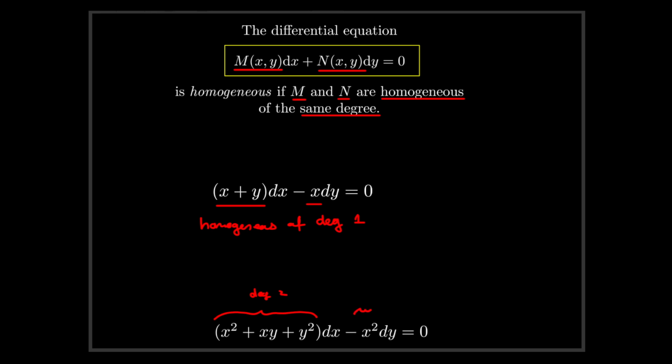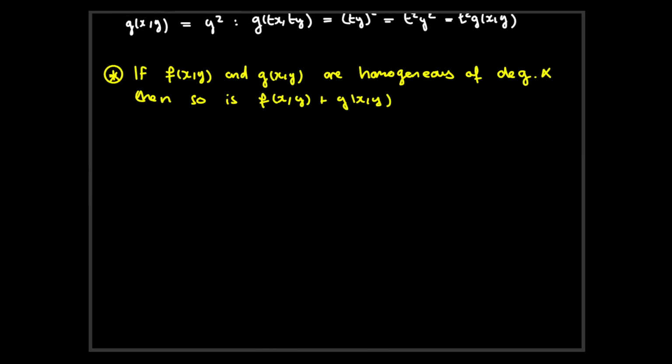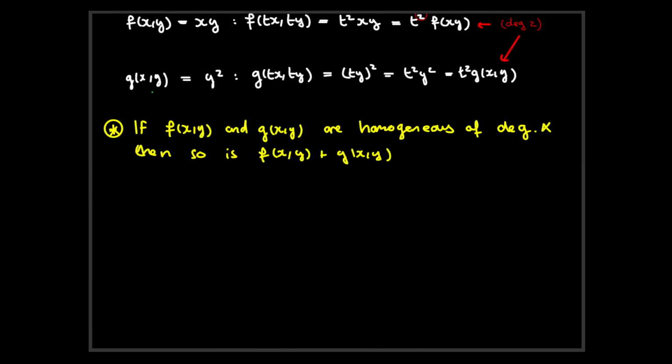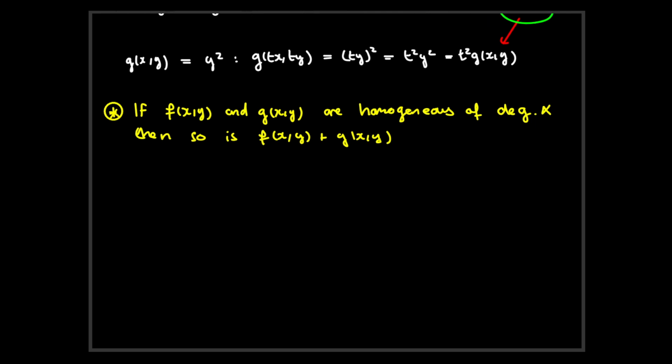And likewise, this x squared we saw earlier is homogeneous of degree 2. How could you quickly see that this expression is homogeneous of degree 2? One way is that it's a sum of homogeneous functions of degree 2. We saw on the previous page that g of xy equal to y squared and f of xy equal to xy both have degree 2. So their sum, according to this property, also has degree 2.